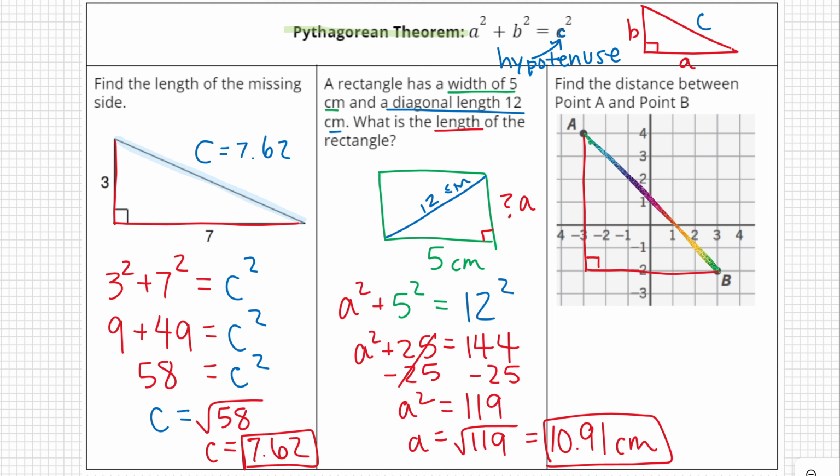I can count the squares to figure out the length of each of the legs. So starting with point A, if I count down, 1, 2, 3, 4, 5, 6 squares down. So that means this leg is a length of 6 units. And then going to point B from the corner, 1, 2, 3, 4, 5, 6 units also.